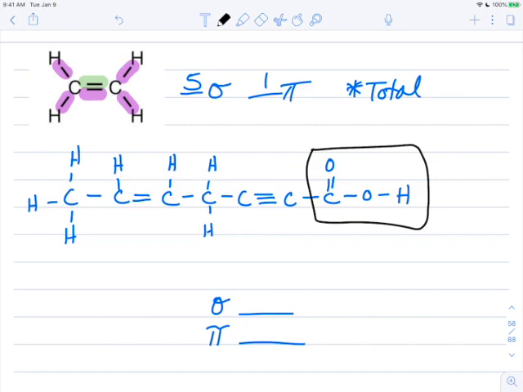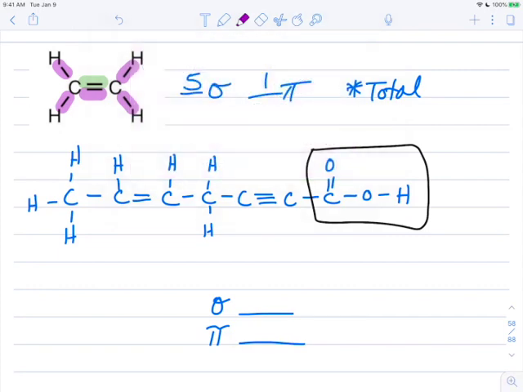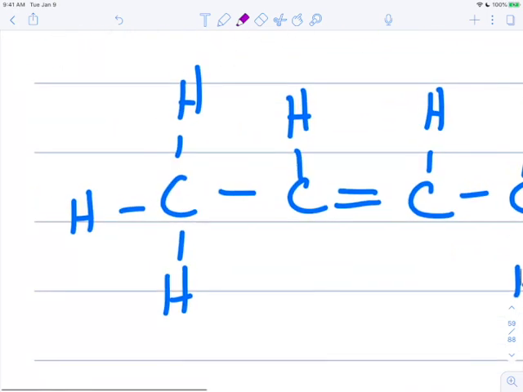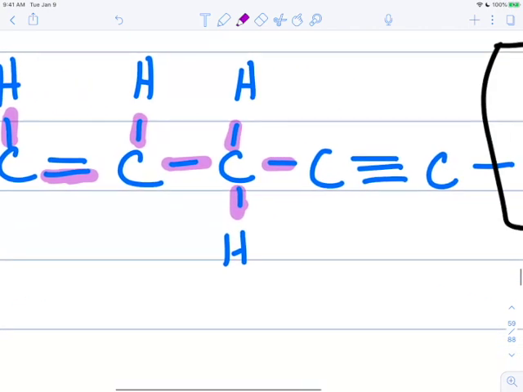So let's go ahead and give this a shot. All right, so I'm going to highlight our sigma bonds first. So here it looks like we have 1, 2, 3, 4, and I'm going to highlight just one of these, and that makes 5, 6, 7, 8, 9, 10.